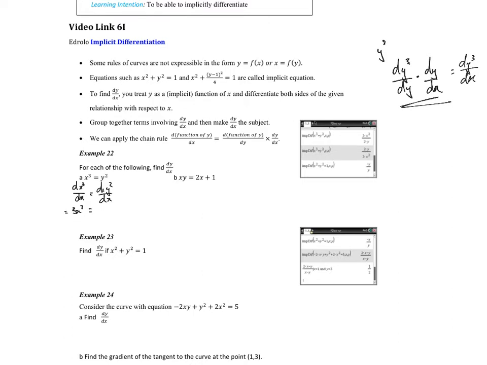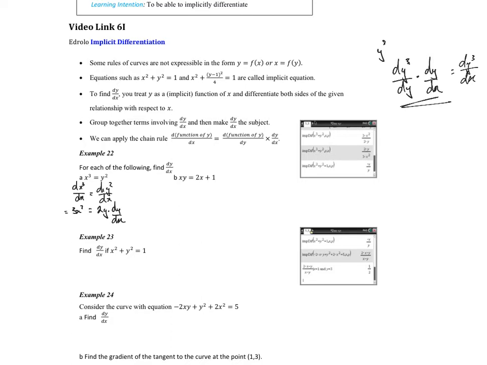So the derivative of y squared with respect to y, which is just 2y, times the derivative of y with respect to x, which is dy dx. So every time we have a function in y, you're going to end up with a dy dx term.